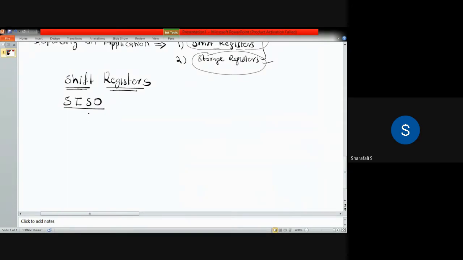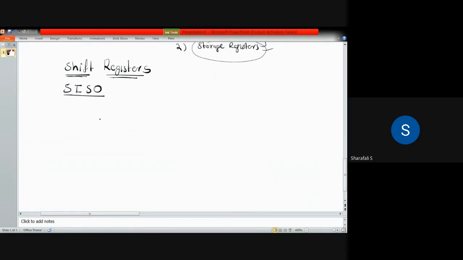For example, we consider a 4-bit register, which means we have 4 flip-flops.